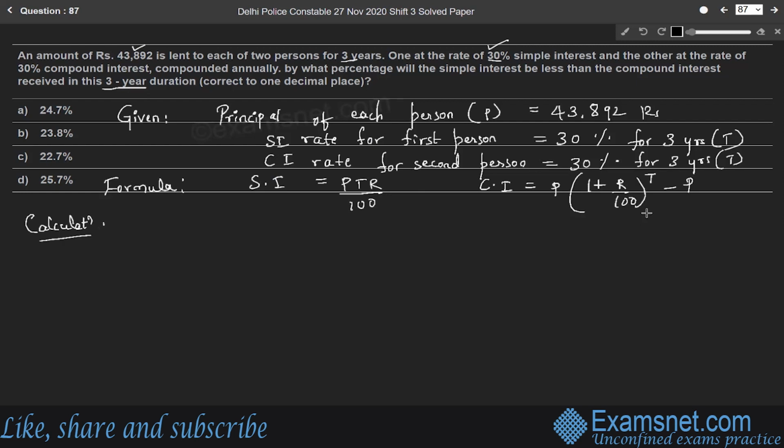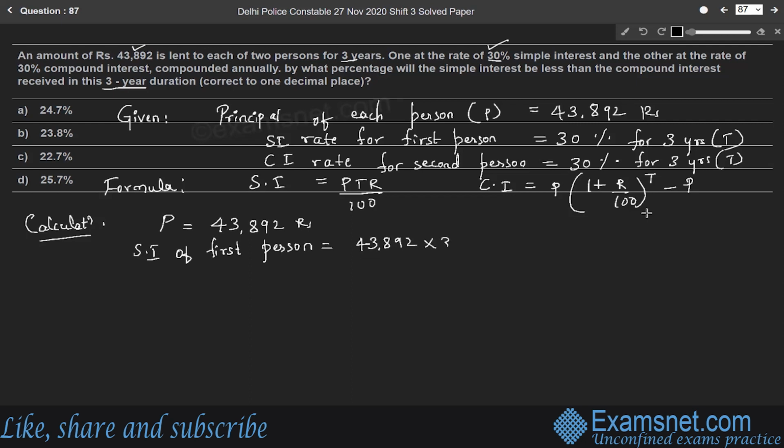Calculation. So the principal of each person is equal to 43,892, right? So principal P is equal to 43,892 rupees, right? So the first person on simple interest. So for the first person, the rate of interest is 30%, right? So the simple interest of the first person is equal to P is 43,892.